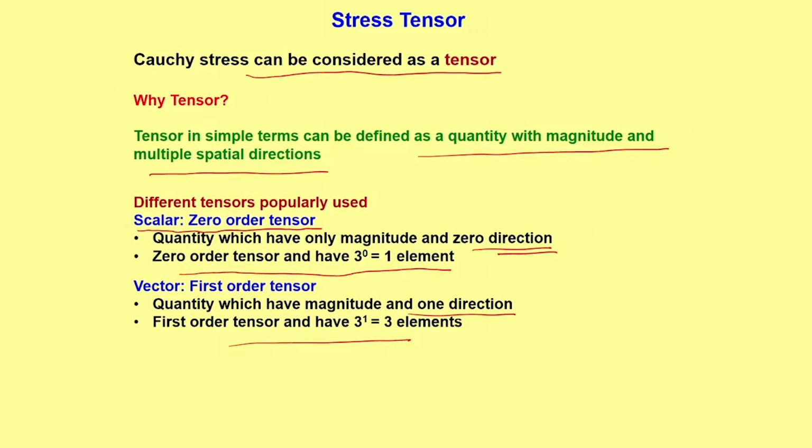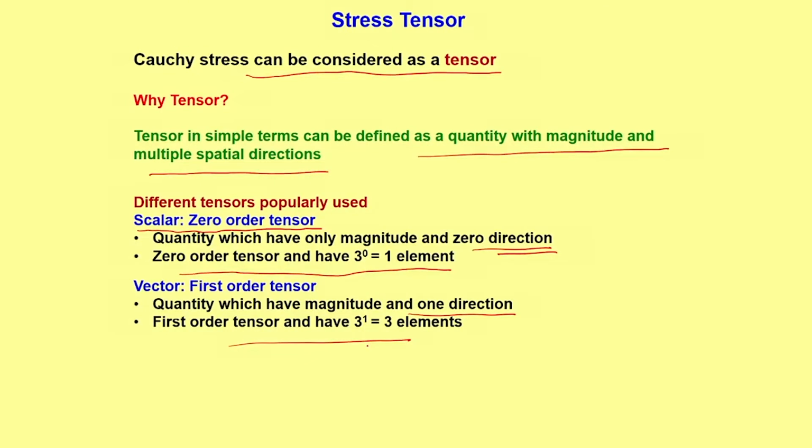So, if you have x, y, z axis, you have a vector in 3 different directions. So, that is what it means, it has 3 elements. Every vector is associated with only one direction, and it has 3 raised to 1, which is 3 elements.